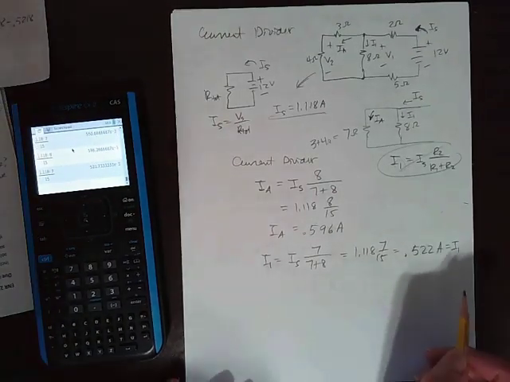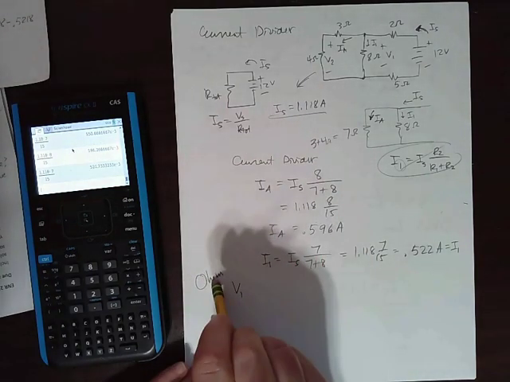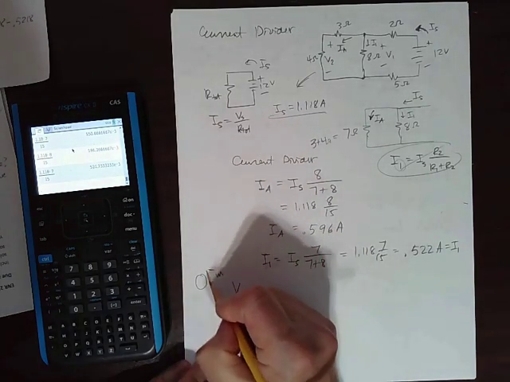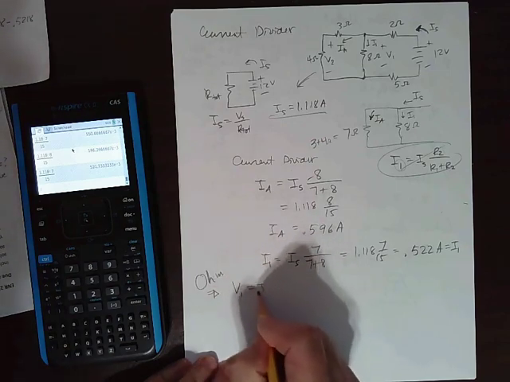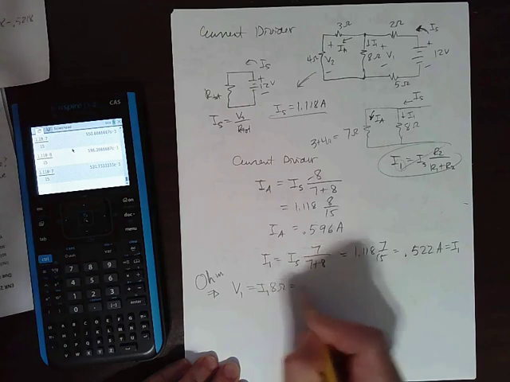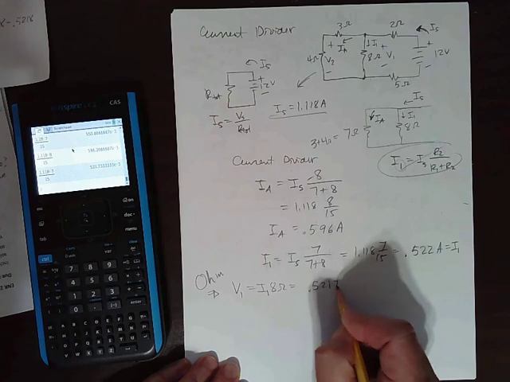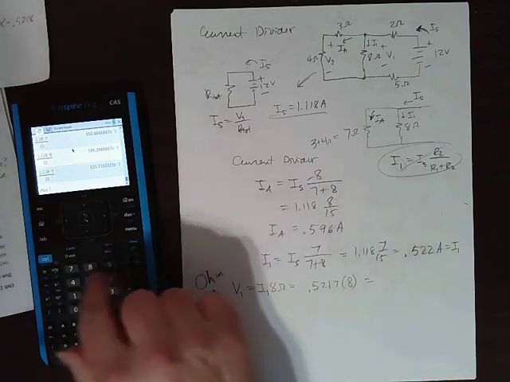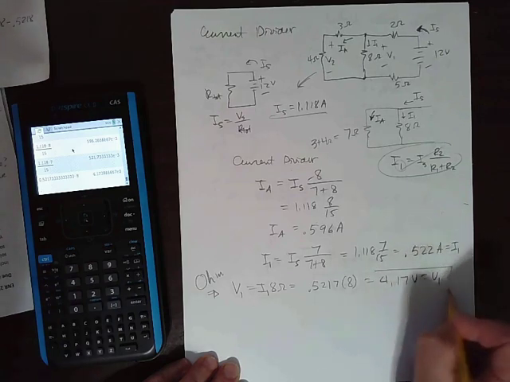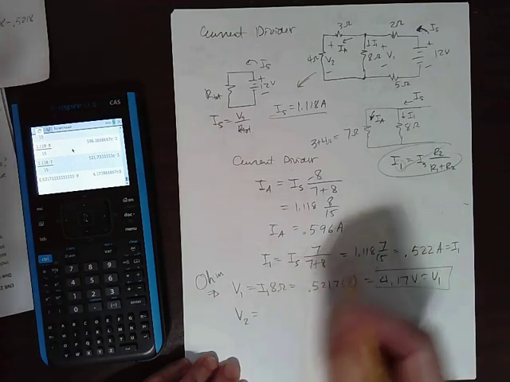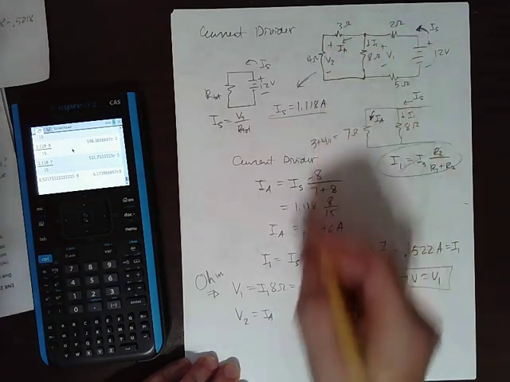Okay, so now we can get V1. Ohm's law. I'm going to use Ohm a couple of times. I don't know why I always write my H like an M when I start to write Ohm's law. Ohm's law says V1 equals I1 times 8 ohms, is 0.5217 actually is what it was, times 8. 4.17 volts. V2 is IA times 4 ohms.